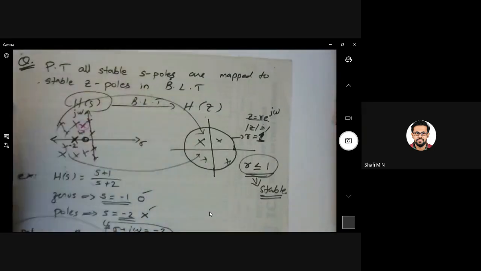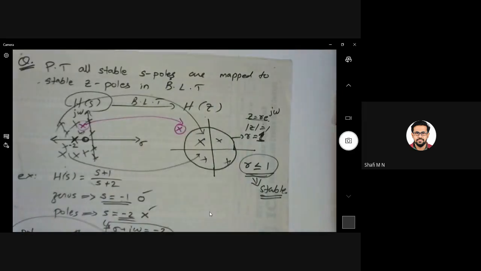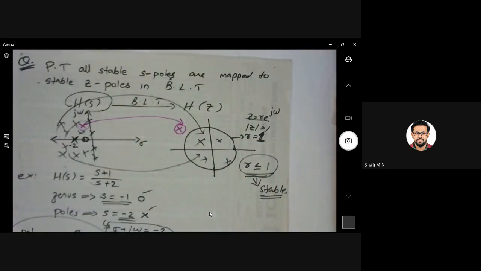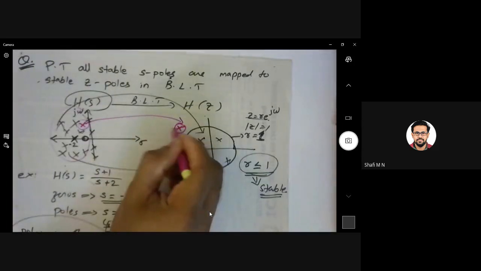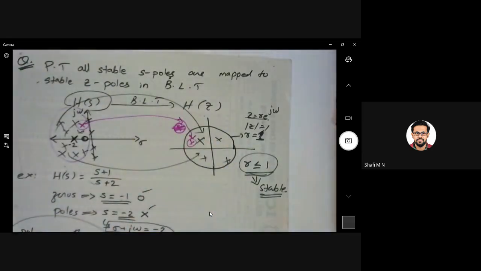If it is mapped to a region outside the R equal to 1 circle, will this transformation be stable? You cannot use such a transformation because it affects your stability. So all stable poles should be mapped to the region that satisfies the condition of stability, that is, inside only. Pretty clear. So you have to prove that.